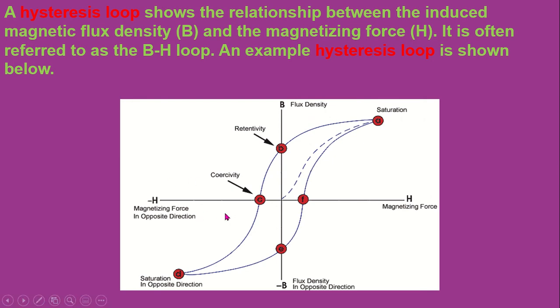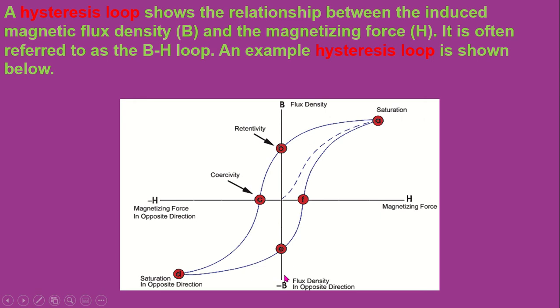Now in the reverse direction, if the reverse magnetic field is made to 0, that means H is 0, we will see the net magnetism in the ferromagnetic sample will not be 0, rather there still exists some magnetism in the opposite direction.